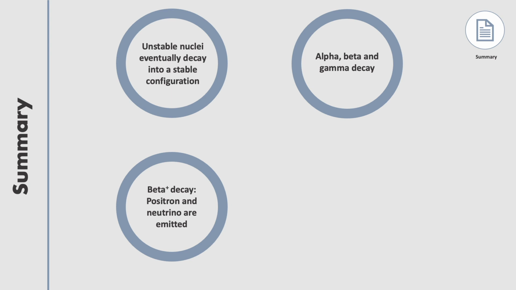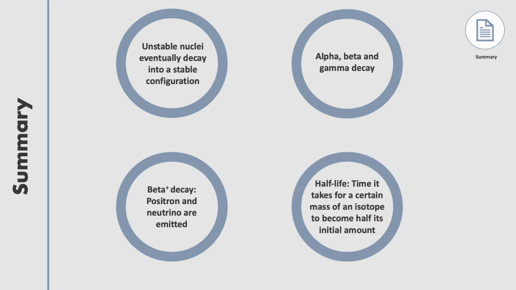At the same time, a positron and a neutrino are emitted. The positron is our main player here. Half-life is the time it takes for a certain mass of an isotope to become half of its initial amount. That determines how long the radio tracer stays active in the body.